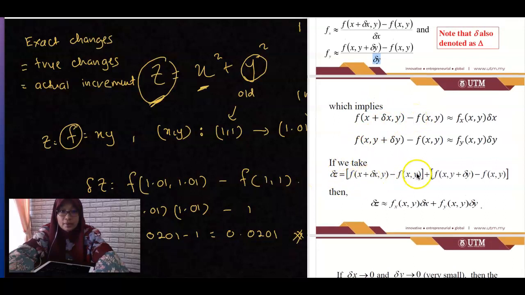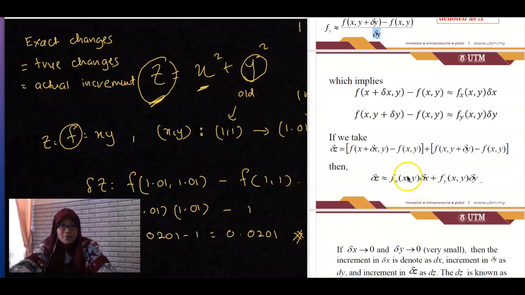So if we take the delta z, it comes from the difference of the value of f when you put the changes of x, plus the value of z when you change only the y.